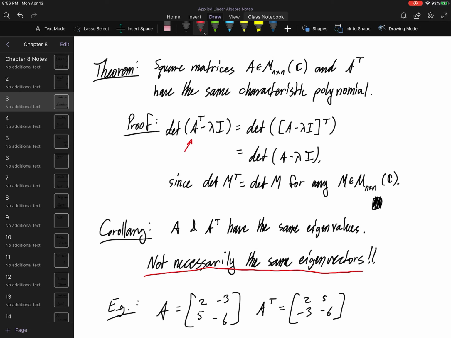The characteristic polynomial of A transpose is just the determinant of A transpose minus lambda I. Inside the parentheses, this is exactly what I get if I transpose the I as well, since the identity matrix is symmetric and equal to its own transpose. And determinants of transposes are equal to determinants of the original object. So I can drop the transpose sign there, so that the two characteristic polynomials are identical.